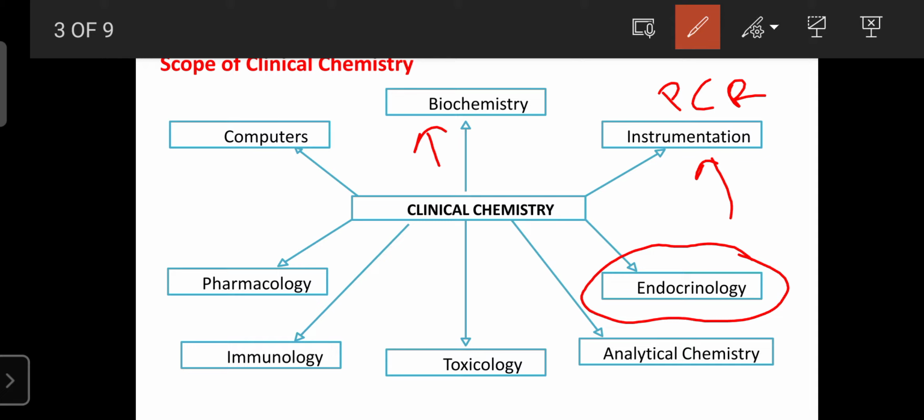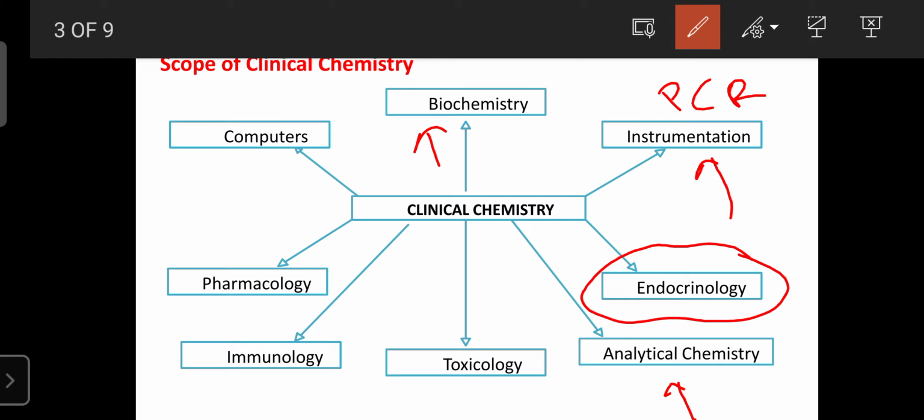And clinical chemistry is also helpful for analytical chemistry, that is, the development of methods for estimation of a particular biomolecule. Because with the help of clinical chemistry, we note down the molecule responsible for that disease. Then we can also determine the structure of that molecule.